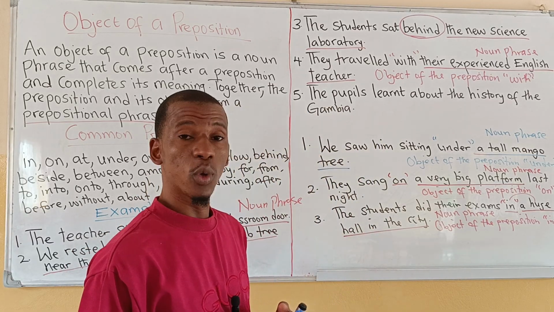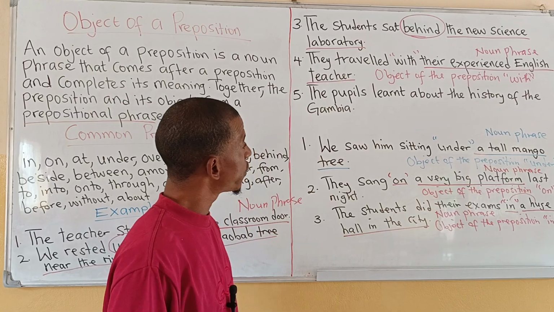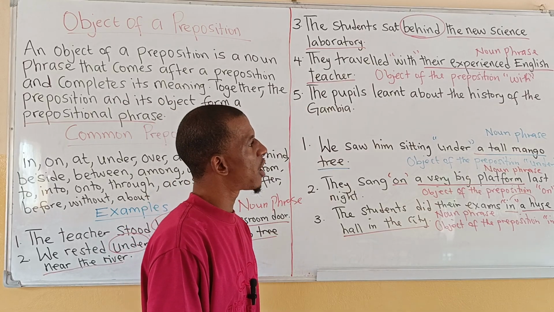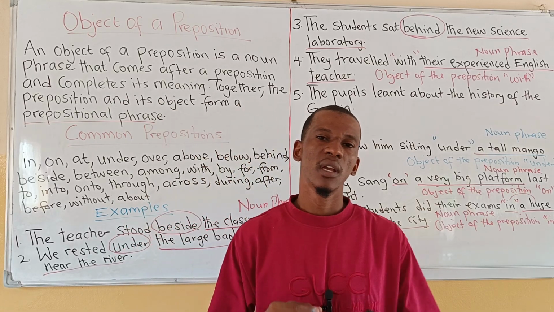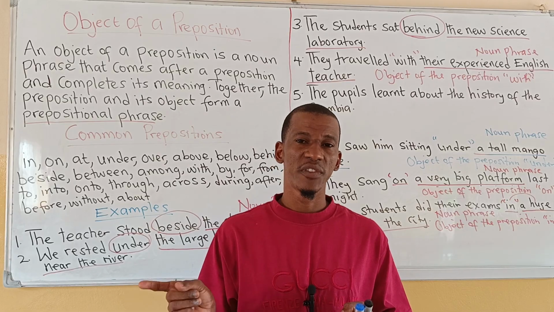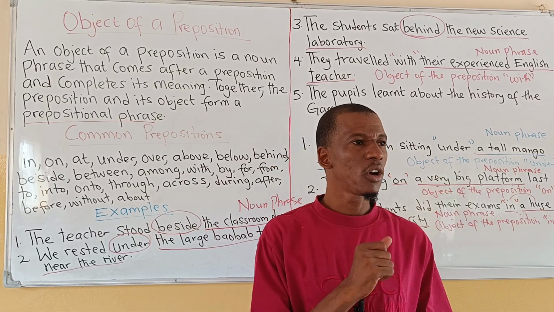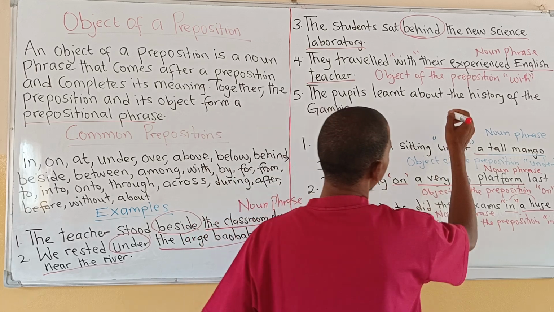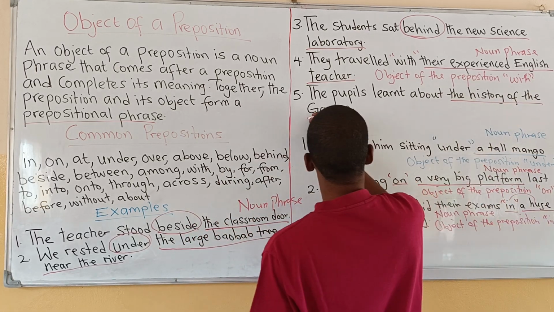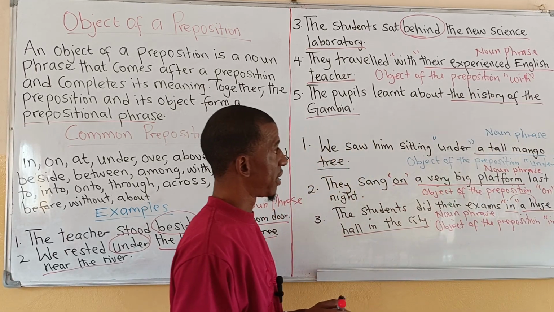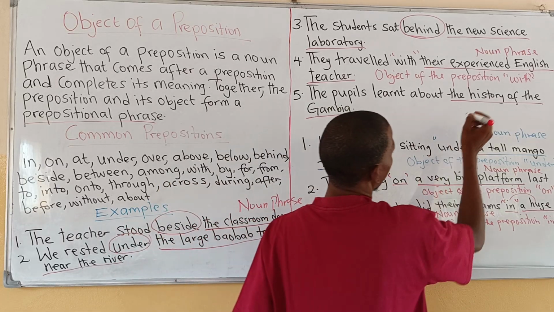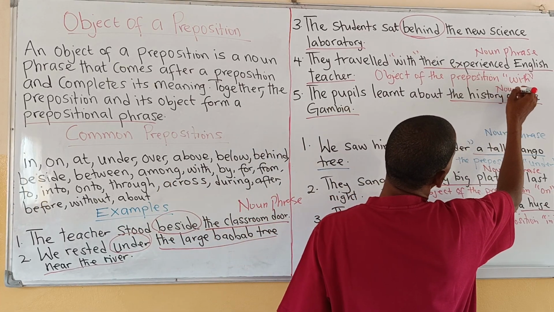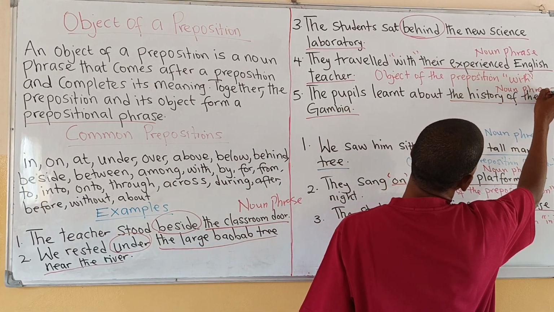Then the last example we have for you today reads, the pupils learned about the history of the Gambia. So let us identify our noun phrase. Our noun phrase is the history of the Gambia, and it is a noun phrase.